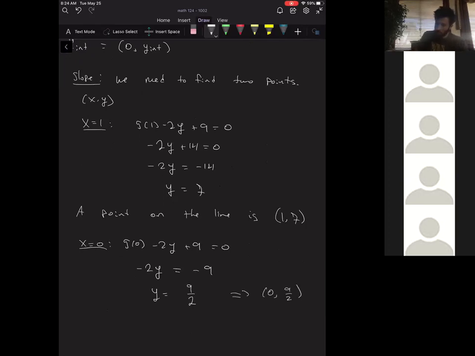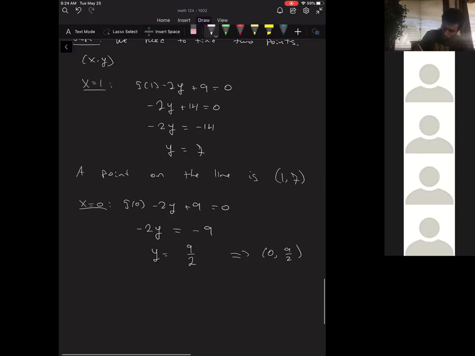So now we have 2 points on the line. We have the point (1, 7), and we have the point (0, 9/2). So we can just use these 2 points to find the slope. Let's call this one x1, y1, and call this one x2, y2. Okay, and now let's find the slope. So we'll subtract the y values.